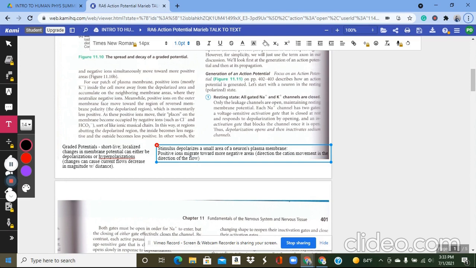And basically, the negative ions simultaneously move towards the positive areas.